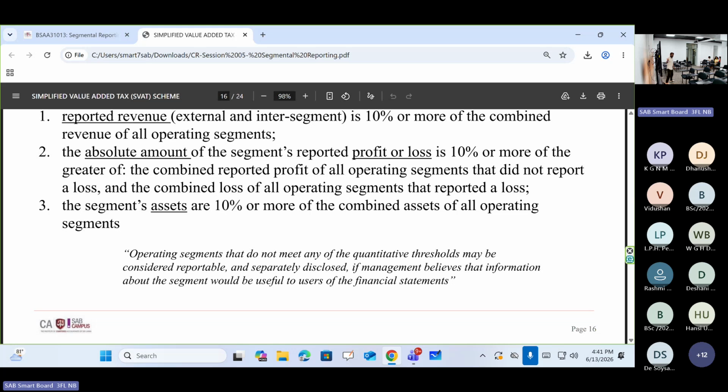If management believes it's relevant information to stakeholders, they can give very minimal operating segments as reportable segments. That was mentioned in a very recent exam.